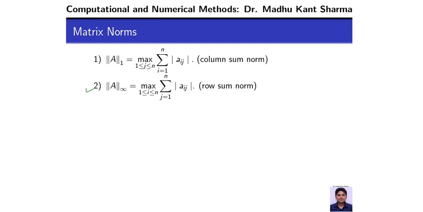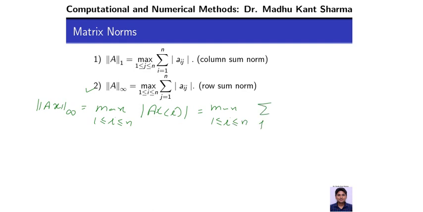Okay, so for this, if I look at norm of Ax infinity, that is equal to the maximum over 1 less than or equal to i less than or equal to n of mod of Ax of i, right? So that is equal to the maximum, again over 1 less than or equal to i less than or equal to n, of summation j equals 1 to n of mod of Aij xj.